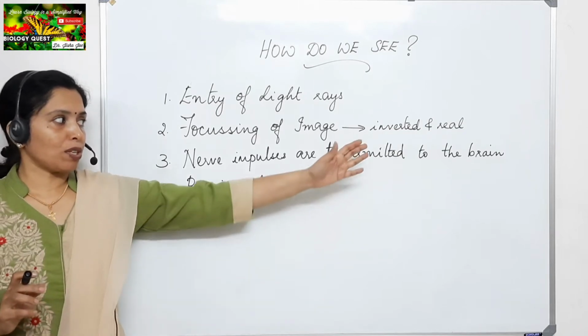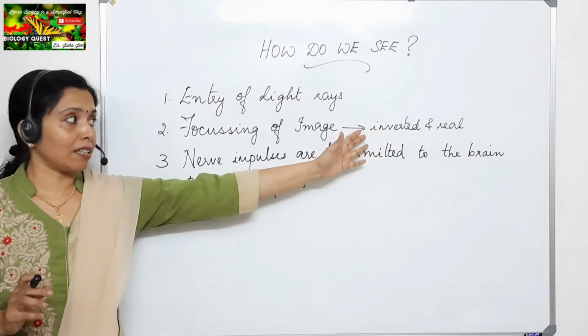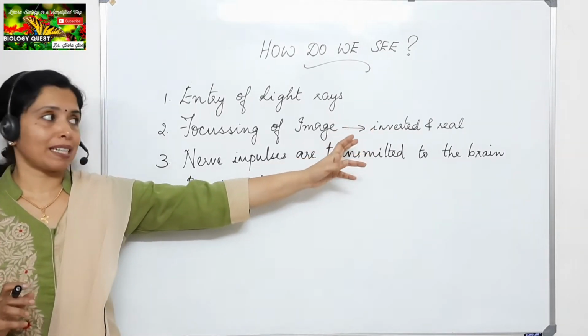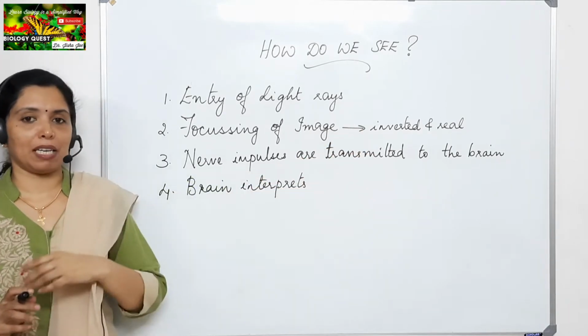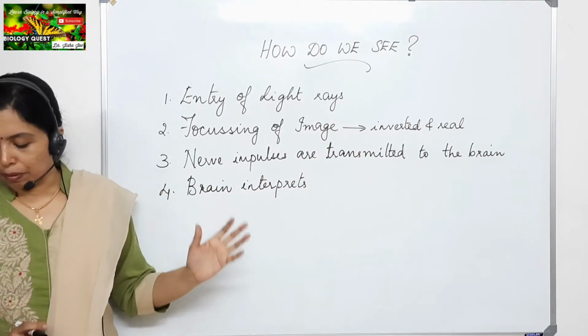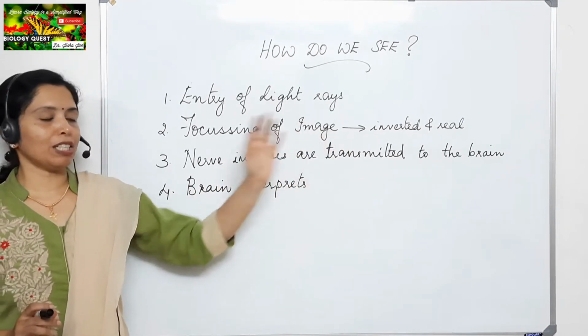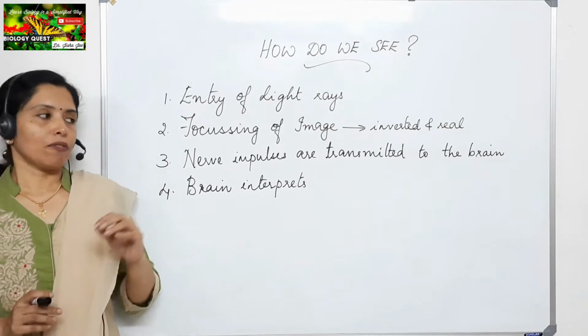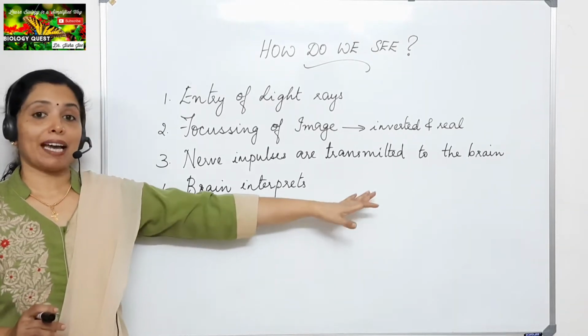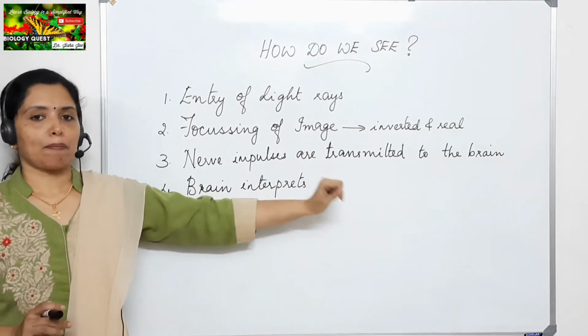The image that was formed on the retina is inverted and real. Now the brain interprets the object as upright. Even though the image formed is inverted and real, the brain interprets the object as upright.